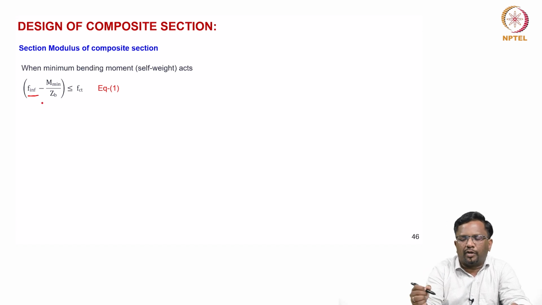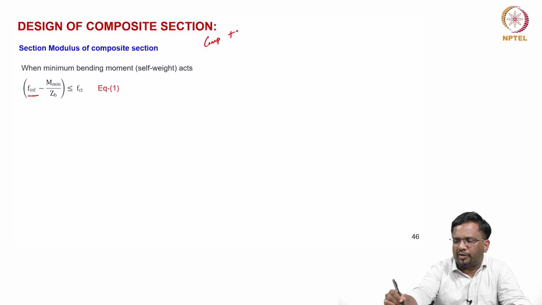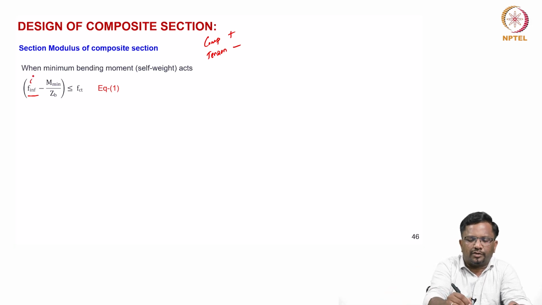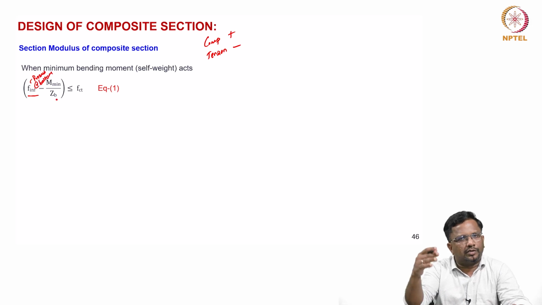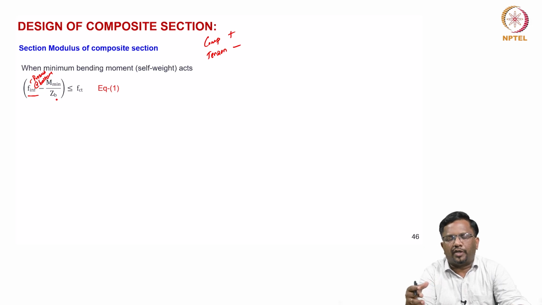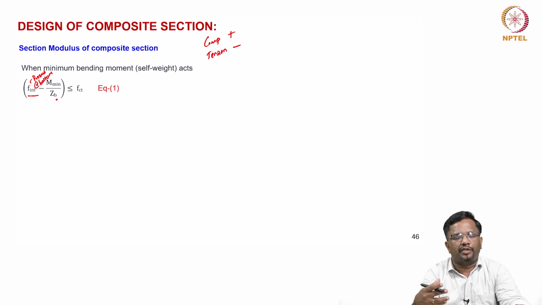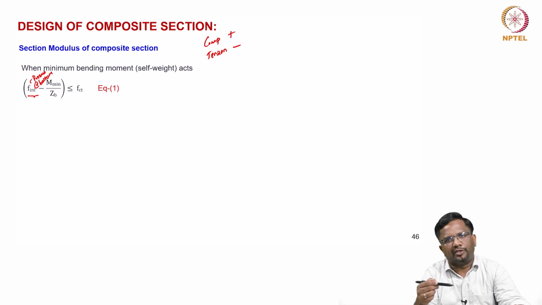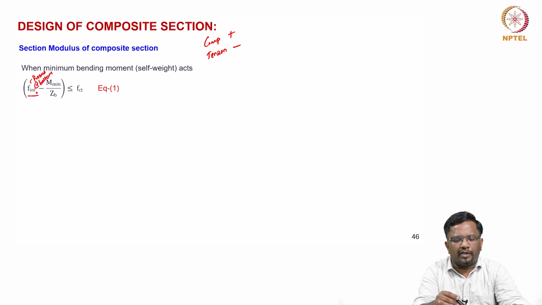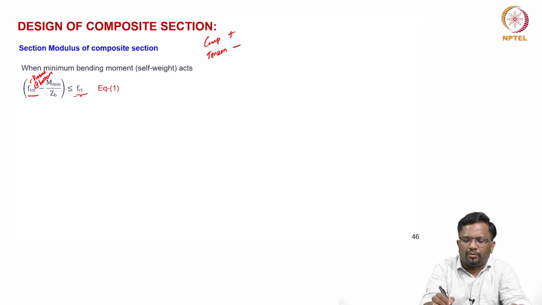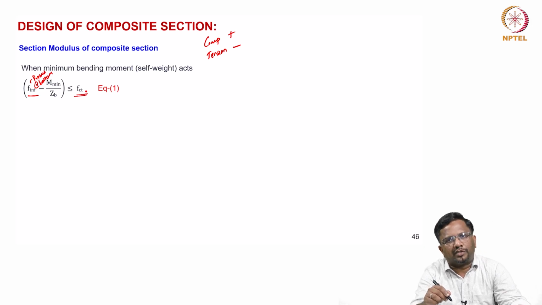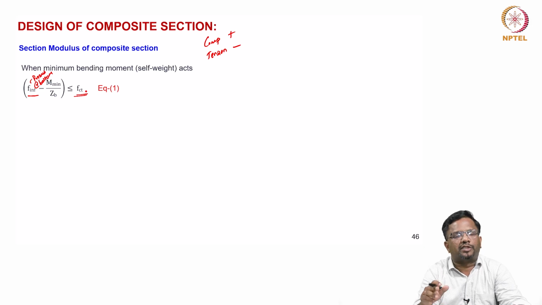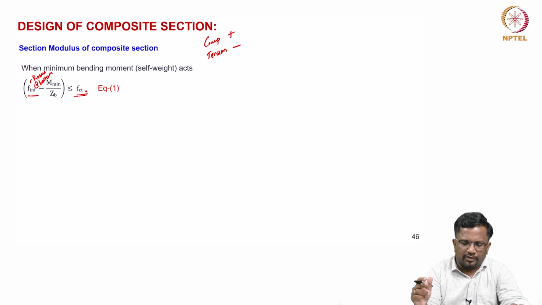If I take compression as positive and tension as negative, this is the pre-stress at the bottom, and the self-weight moment, as you know, taking tension as negative, is going to reduce the compression that is induced at the bottom fiber. That's why we take F inferior minus M minimum by ZB, which should be less than or equal to the allowable concrete stress in transfer, because this is the equation that will govern while you transfer the pre-stress.